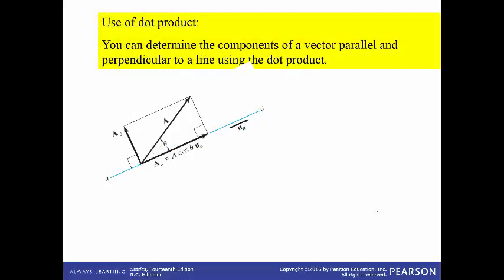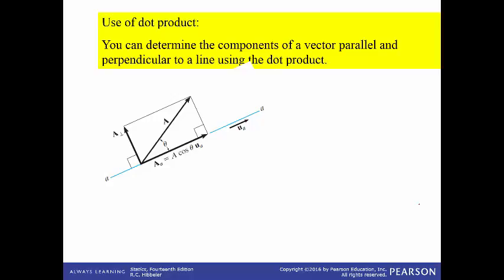Now, what does it mean, and how do we use the dot product in statics? Well, we use the dot product to determine the components of a vector that are parallel or perpendicular to any line. So I put this at an angle so you understand the significance of this concept. The dot product is between any two vectors.